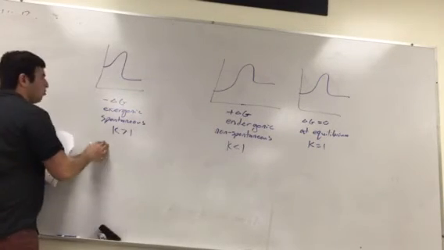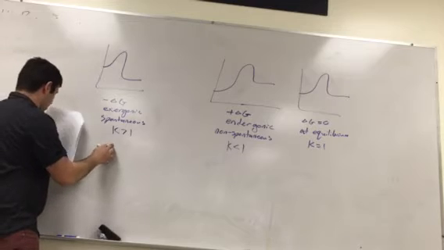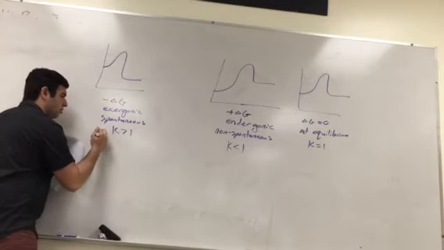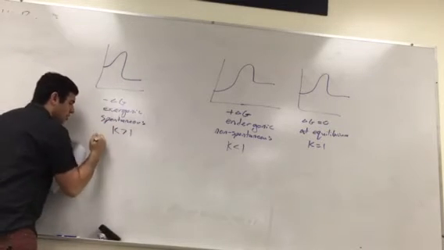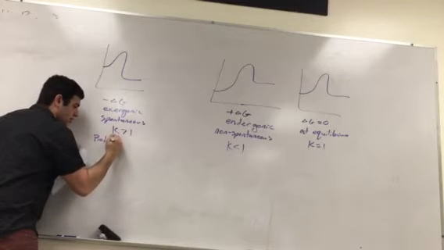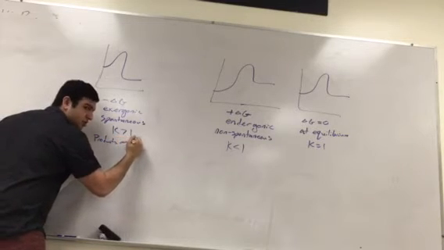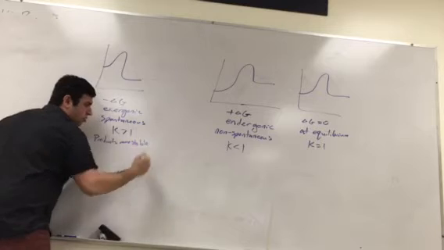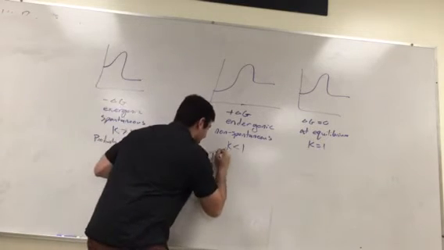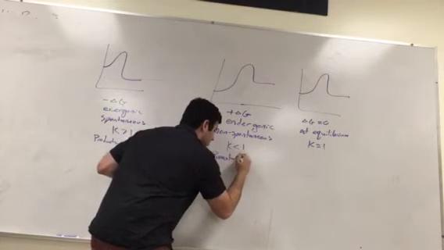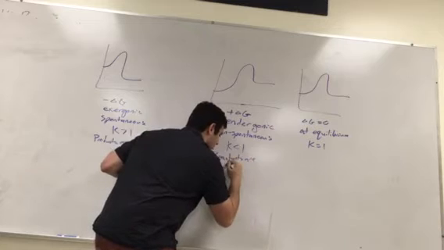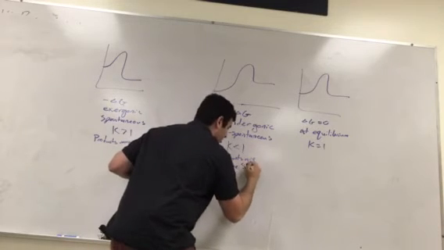Which one's more stable, products or reactants here? Products are more stable, it's lower, right? The products are more stable. Reactants here are more stable.